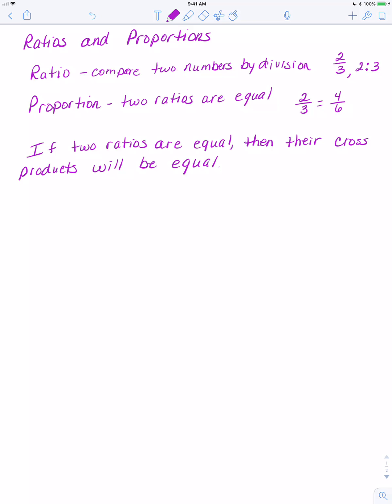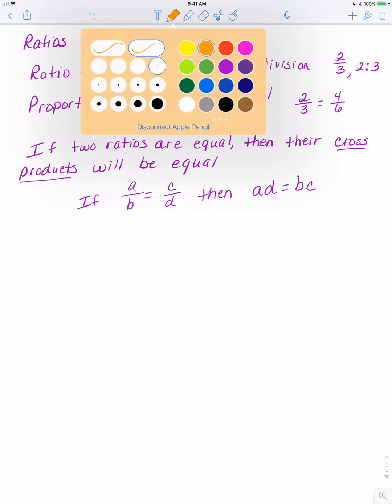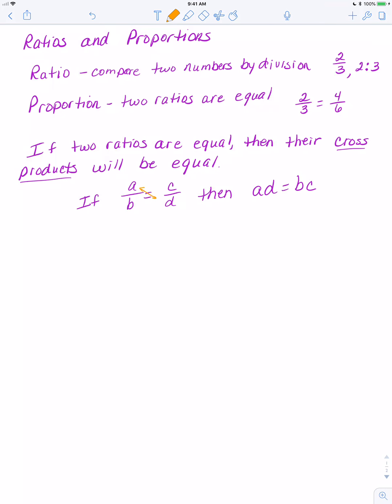So if two ratios are equal, then the way we can check for that is to make sure that their cross products are also equal. And so here's the formula for that. If A over B is equal to C over D, let's write that as an if-then statement, then we know that A times D is equal to B times C. So their cross products are equal to each other.